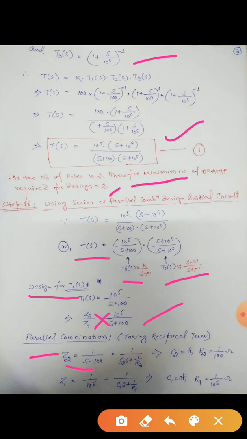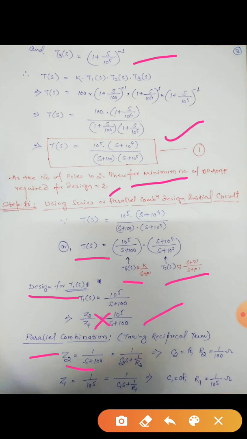So Z2 is 1 divided by S plus 100, that will be equal to 1 by C2S plus 1 by R2. From where do we get this value? By the parallel combination of resistor and capacitor. If we solve the parallel combination of resistor and capacitor, we get the final value as 1 by C2S plus 1 by R2.